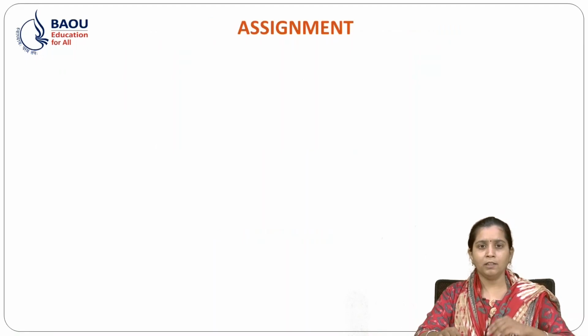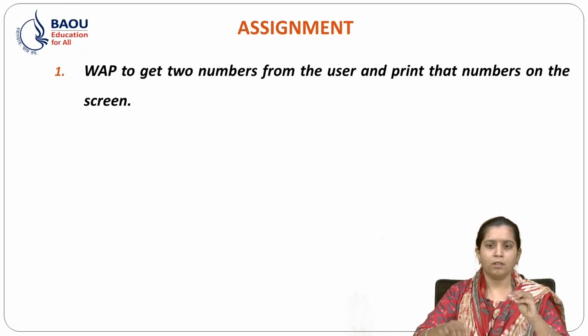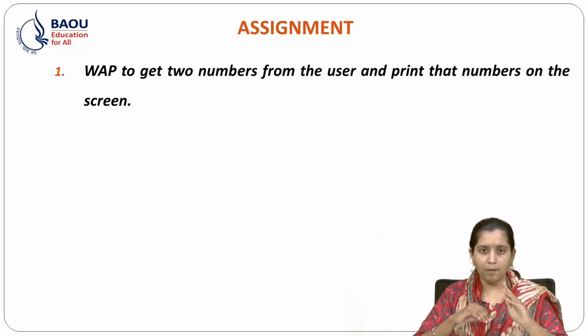We will see one program, that is, write a program to get two numbers from the user and print those numbers on the screen. This is the assignment for you all. What you will do is just initialize variables.